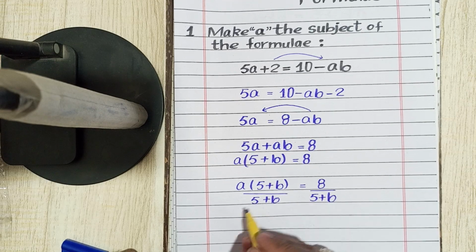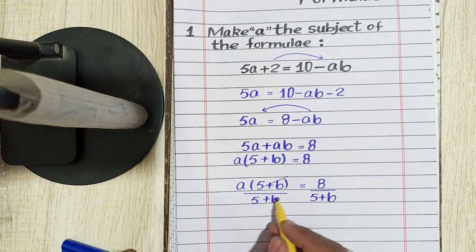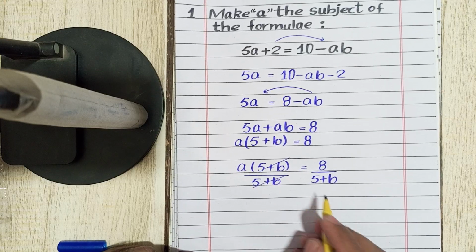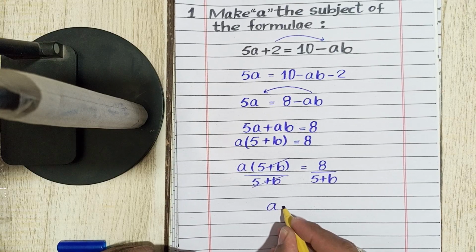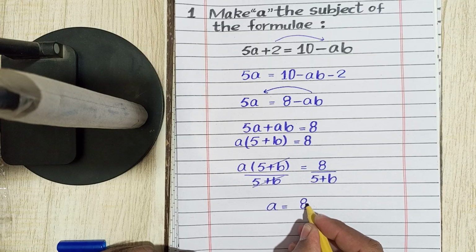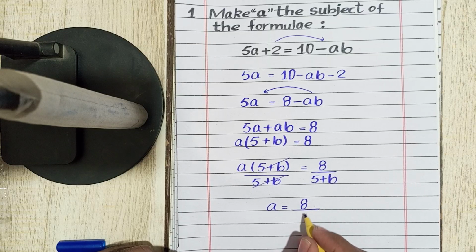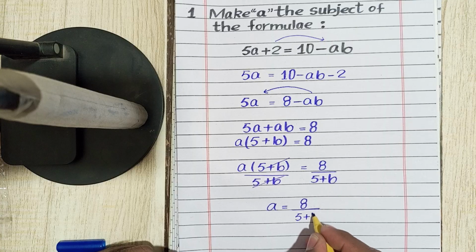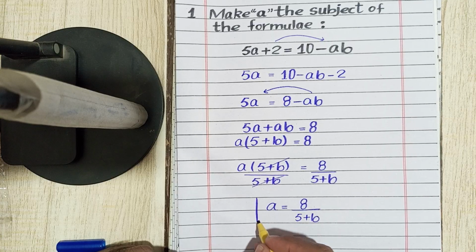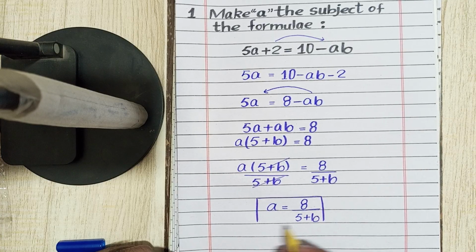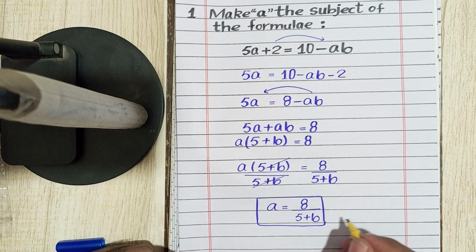So here we cancel out 5 plus b with 5 plus b, and we have only a equal to 8 over 5 plus b. So this is our final answer. I hope you got it.